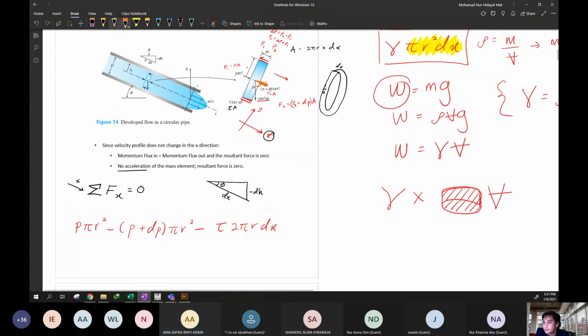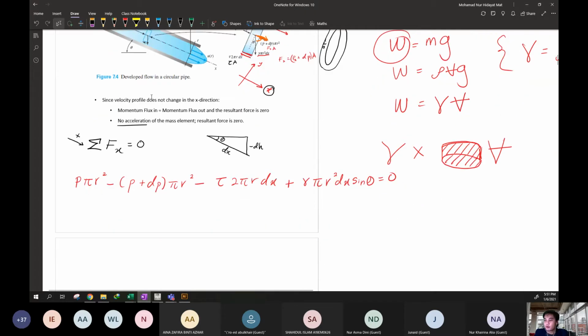So gamma pi r squared dx, and then we need to add one more: sine theta. Sine or cos? Sine, because this is the angle of inclination. In order to get this in the same direction, we have to multiply with sine theta.